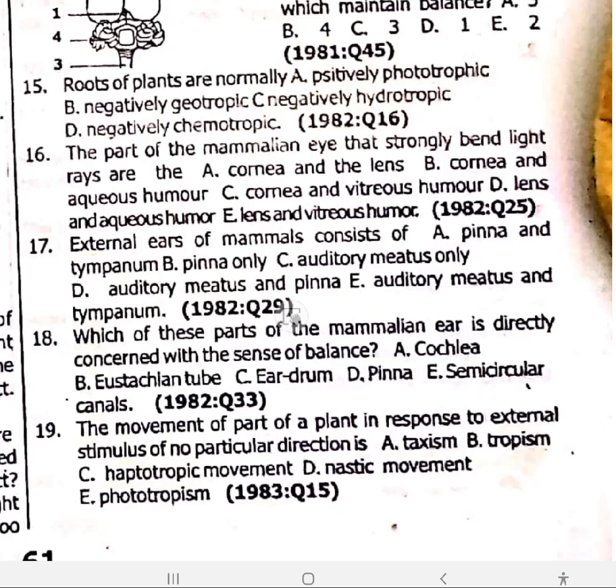This chamber is air-filled and contains 3 ossicles or small bones, namely the malleus or hammer, incus or anvil, and lastly, stapes or stirrup.